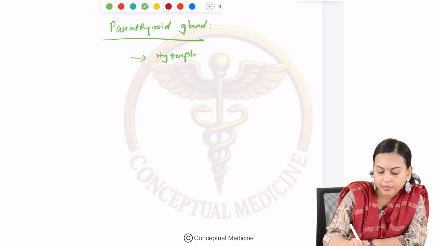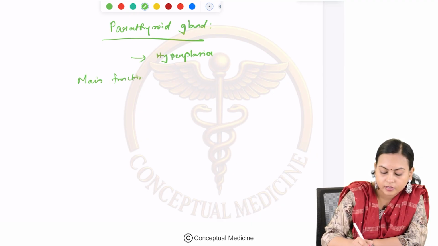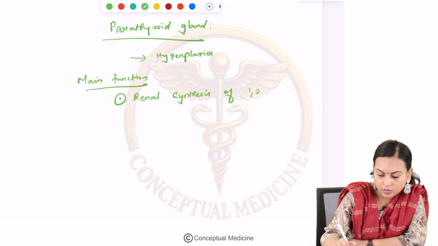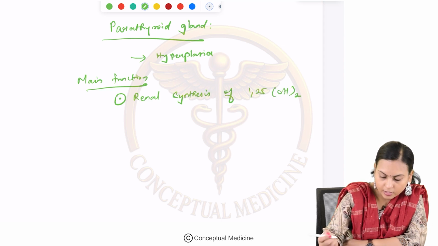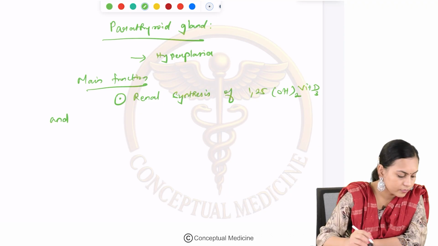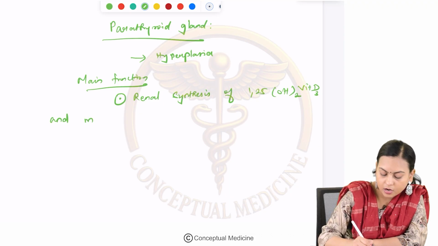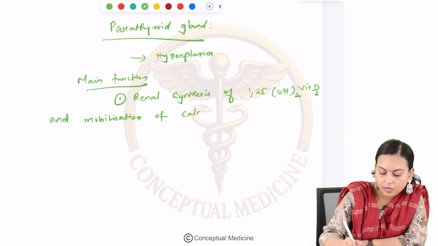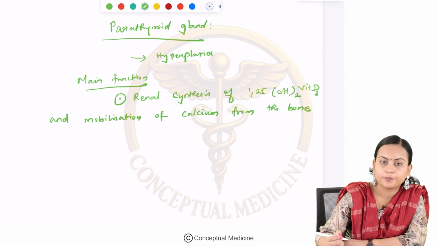Hyperplasia of parathyroid gland occurs. We know the main function is to regulate renal synthesis of 1,25 dihydroxy vitamin D3 and mobilization of calcium from the bone.